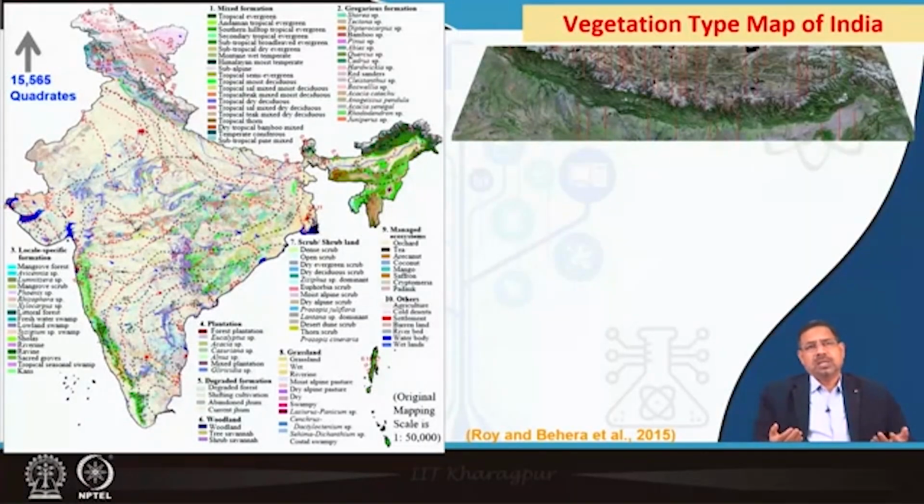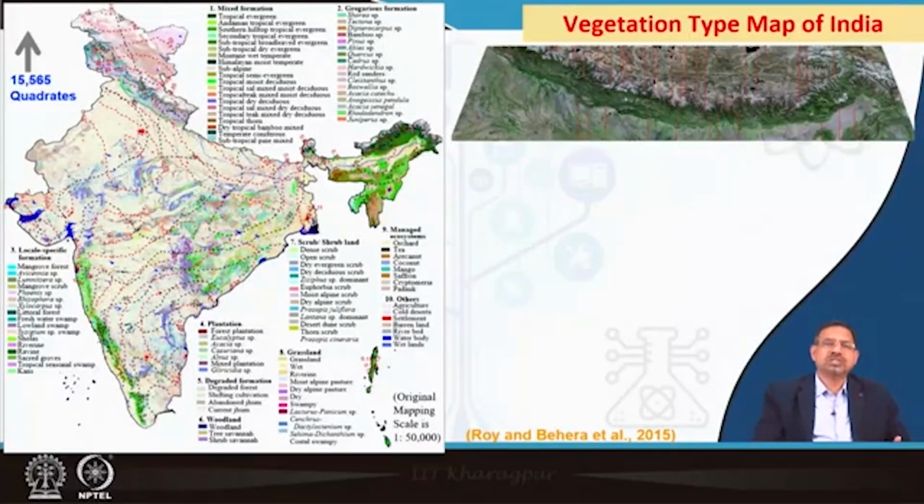So, 100 classes have been represented there with a lot of field-based survey validation, and it says that you can use satellite data with a lot of ground verification and go up to a community level classification, which can then be taken up for consideration of the PFT, plant functional type, as far as the function is concerned.